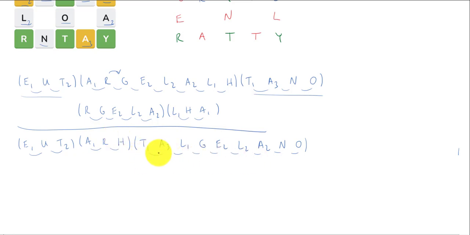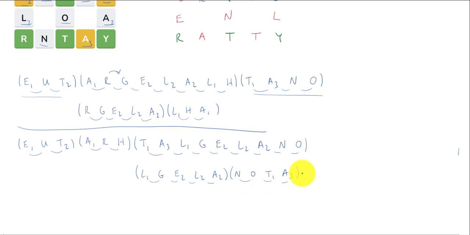But in this last cycle, I have two A's. So let's shift down so that this A3 is going to come last. So I have L1, G, E2, L2, A2. I'll close it off at the A, N, O, T1, A3. Now I have 1, 2, 3, 4, 5, 6, 7, 8, 9, 10, 11, right?